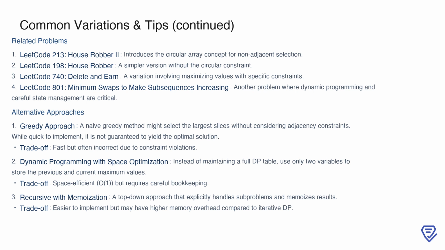This is more space efficient, though it requires careful bookkeeping to avoid errors. Finally, recursive solutions with memoization explicitly handle subproblems and store results to avoid redundant computations. While this approach is easier to implement, it can have higher memory overhead compared to iterative dynamic programming.